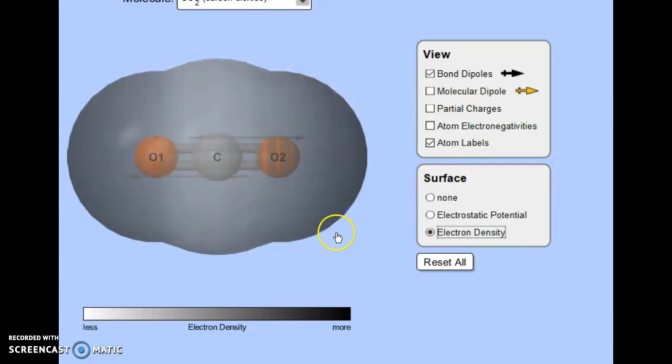As you can see, if you look at the electron density as it gets darker, the electrons are more likely to be on those corners. So it's going to be more negative on both ends, but it's not polar. There's no positive part to that molecule, so that's a non-polar compound.